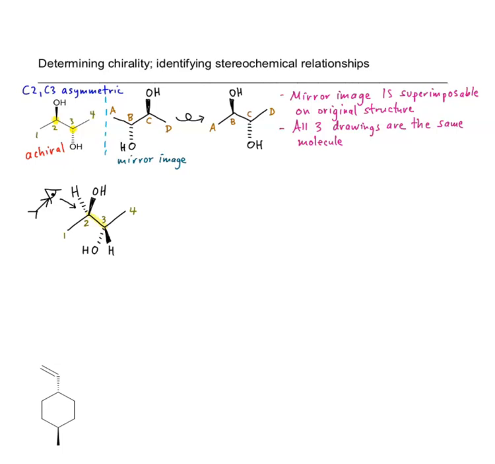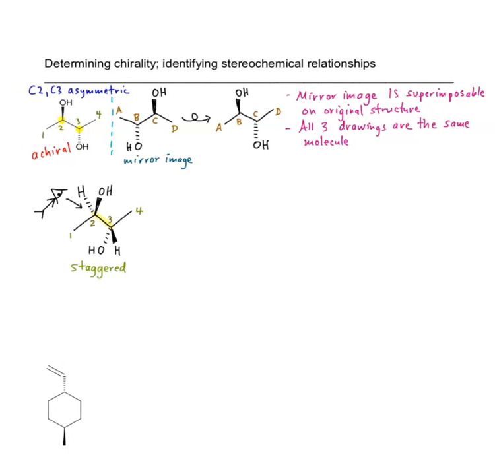And what we can see right away is that the molecule is presently in a staggered conformation. What we're looking for is the most symmetric conformation. That's the one that's going to show us the symmetry plane, the internal symmetry plane.